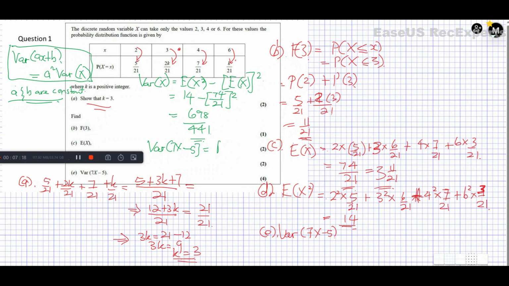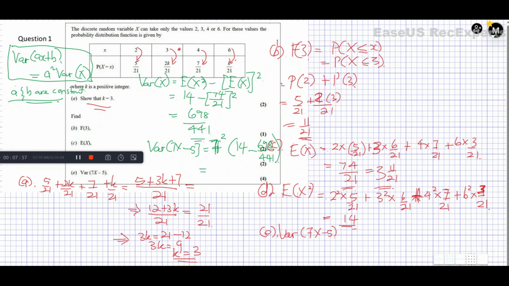So 7 squared times the variance of X, and the variance of X we already have, 14 minus 74 over 21 squared, which is 698 over 441.